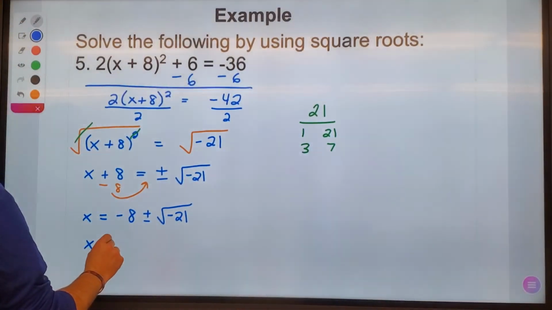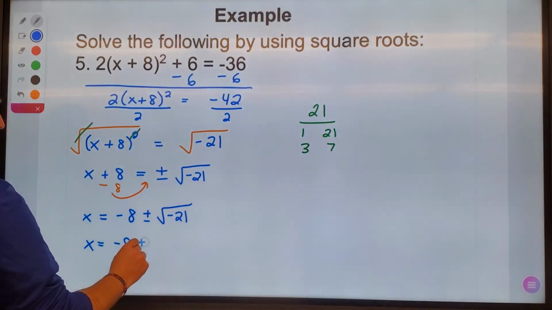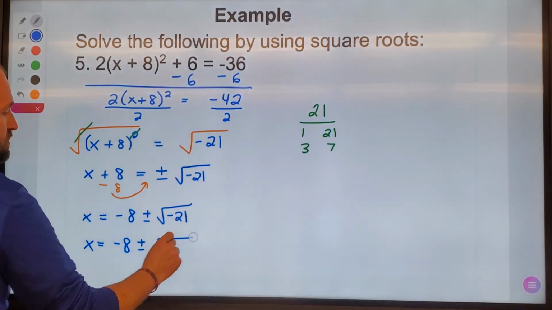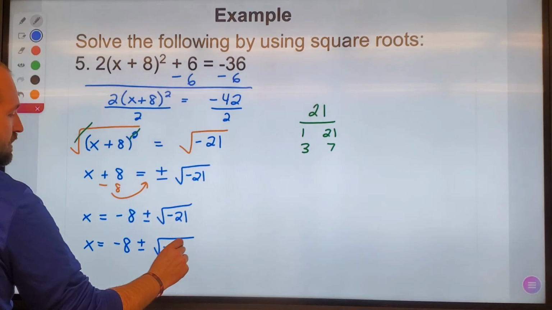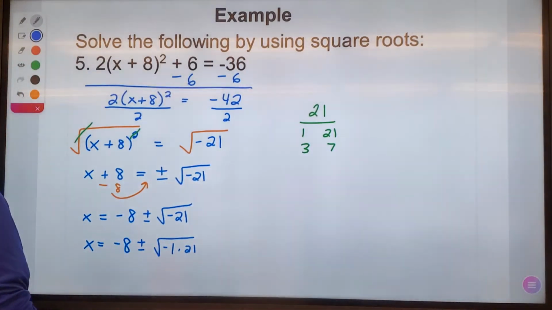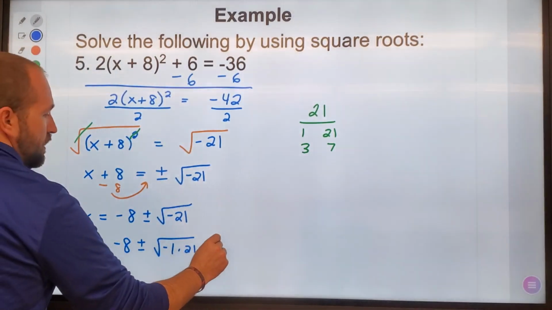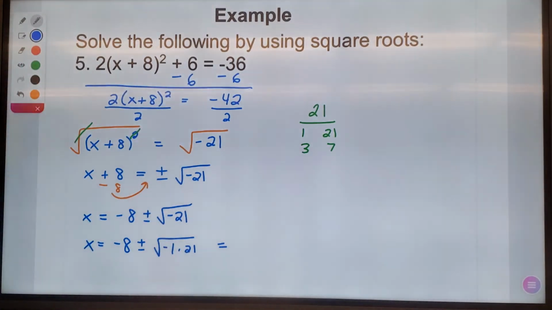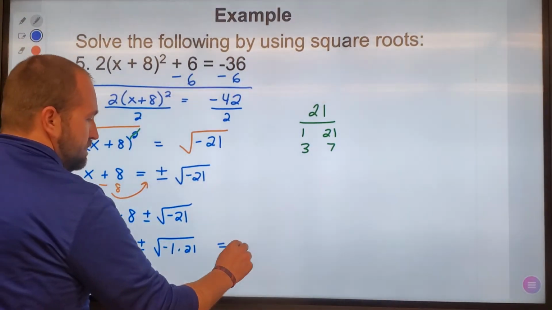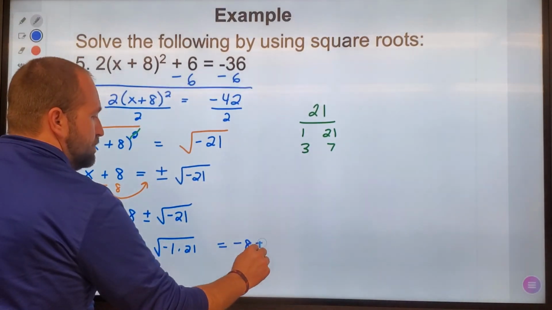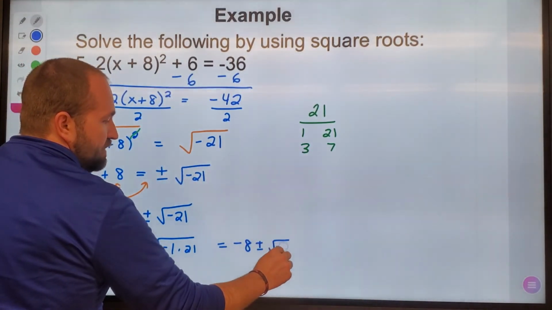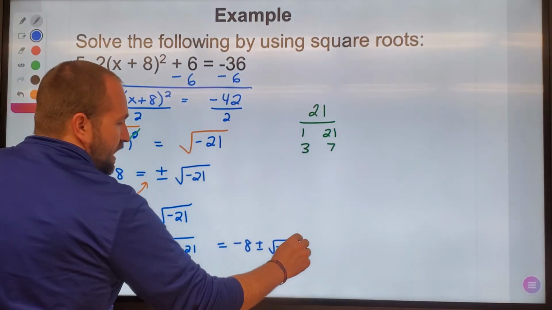Okay, but just to show it, let's work it out. x equals negative 8 plus or minus the square root of negative 1 times 21. I'm just going to work it out this way because we're going to run out of room on the board here, on the bottom here. So then I have negative 8 plus or minus the square root of negative 1 times the square root of 21.